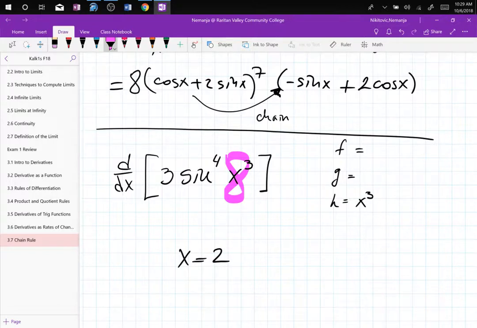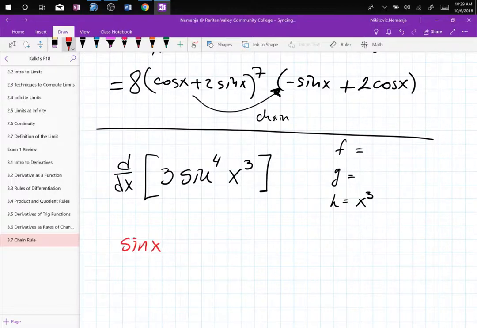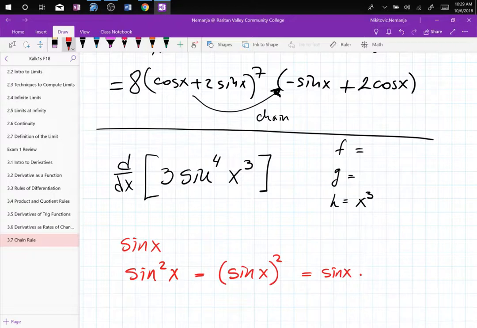Now, this is where we have to go and review a little bit of the notation. And I'll put this in blood, in red. We have sine x, and we walk away. We also have sine squared x, which is the same as sine x everything squared, and the meaning of that is obviously sine x times sine x.